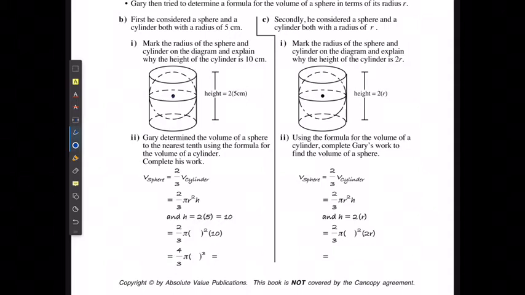Well, if this is the radius of the sphere, then you could start at the center of the sphere and go in any direction, right, left, up, or down. Which means that the height here is just going to be 2 of the radiuses, which is going to make up 10.